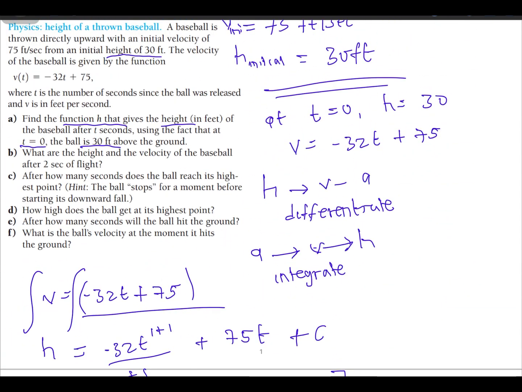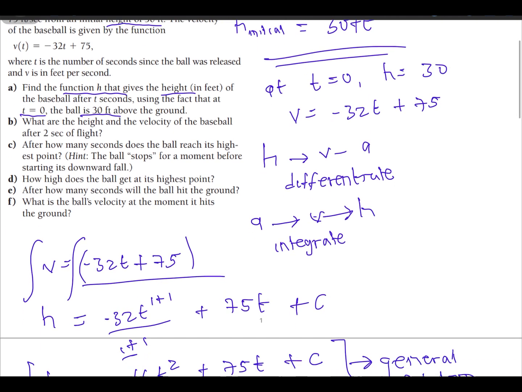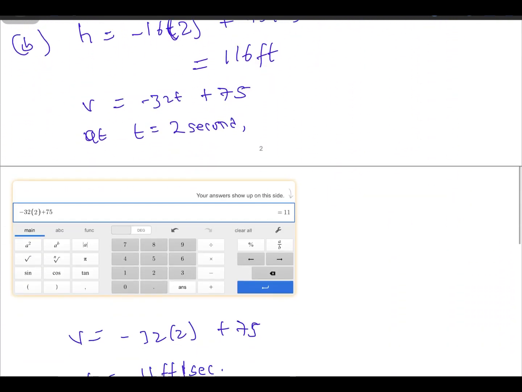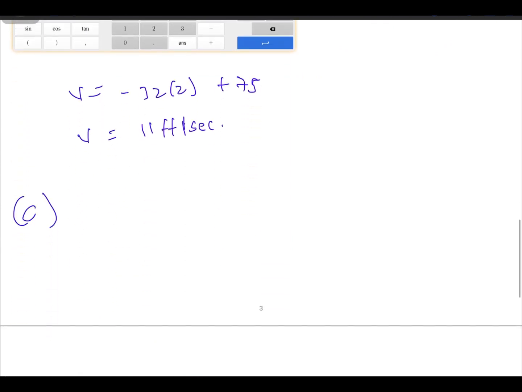After how many seconds does the ball reach its highest point? And we have been given a hint that the ball stops for a moment before starting its downward fall. So at the highest point, the final velocity v is equal to 0.